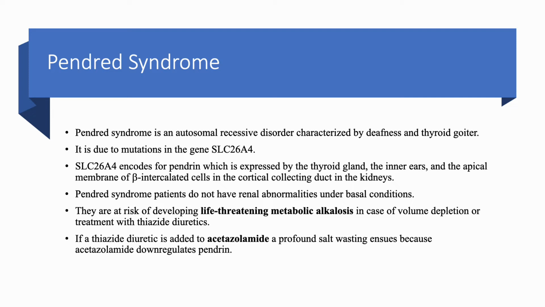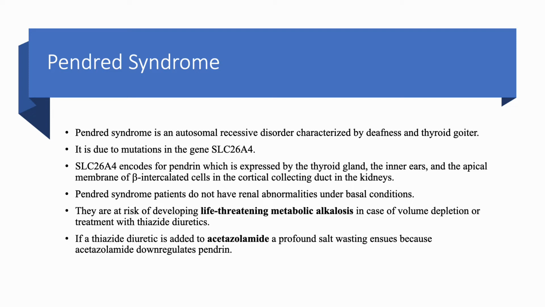Now, this pendrin is expressed not just by the beta intercalated cells of the cortical collecting duct, it's also expressed by the thyroid glands and inner ears, and this is why you get the deafness and the thyroid goiter. Normally, patients don't have much problems because they compensate by other ways, but if they get dehydrated, especially if you are treating them with a thiazide diuretic, they can get a life-threatening metabolic alkalosis.